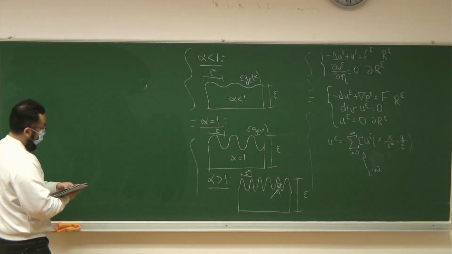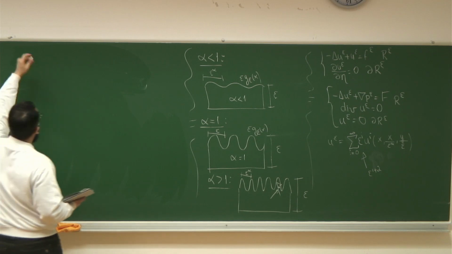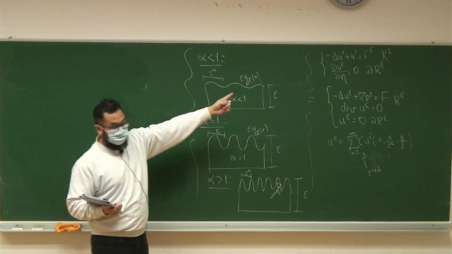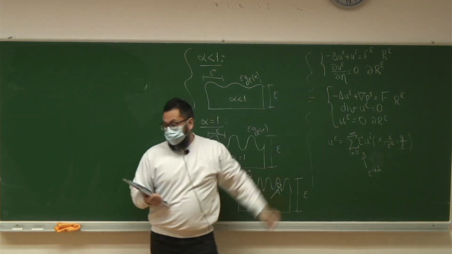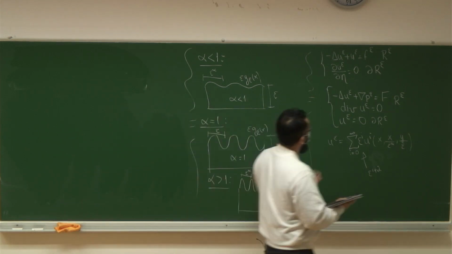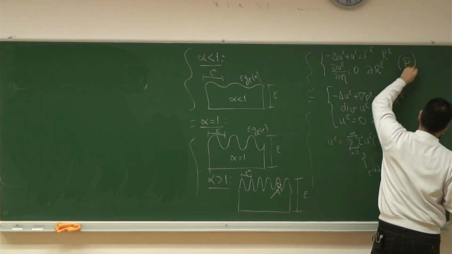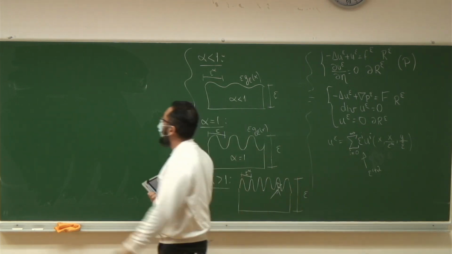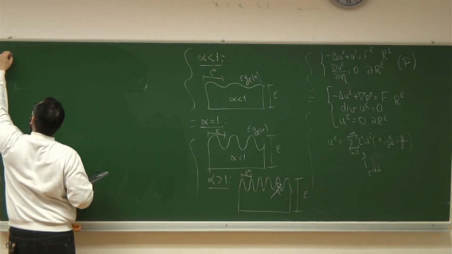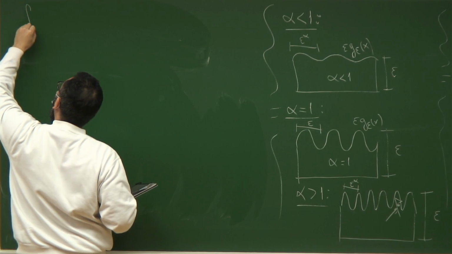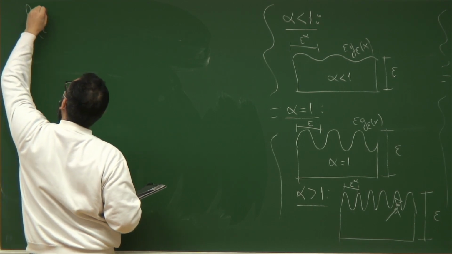what we do is basically try to look at the problems. Let's say for now, the Poisson problem, which I will call P for simplicity. We usually try to look at the variational formulation.